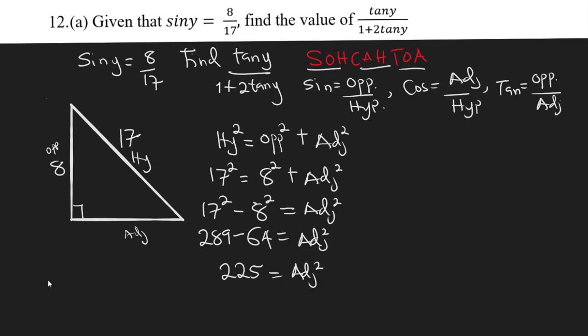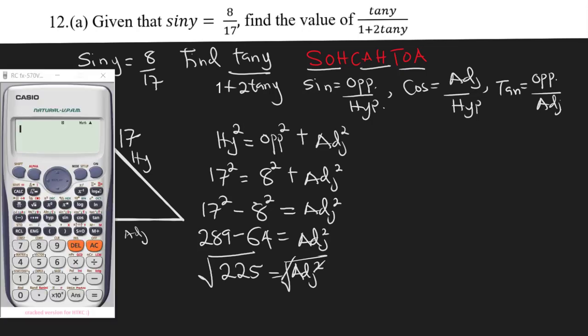Remember that we're looking for the adjacent, not the adjacent squared. So we take the square root of both sides to remove the square. The square cancels the square root. What's the square root of 225? The square root of 225 is 15.